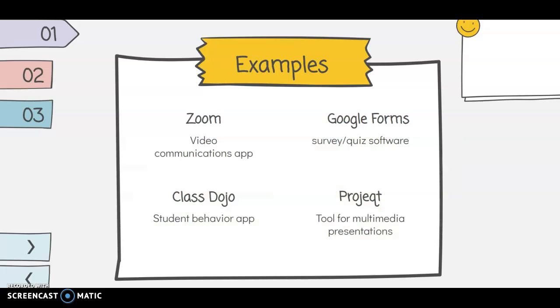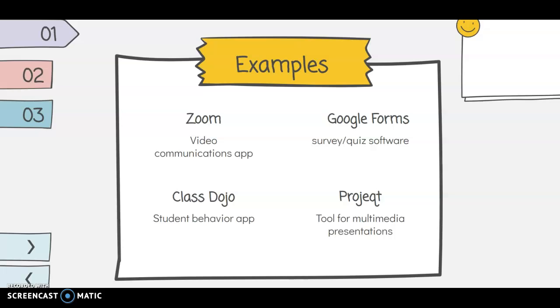Some examples: Zoom is huge. It's a video communications app. I think we're all familiar with it. Google Forms is a survey and quiz software, which is more so used with assessments.